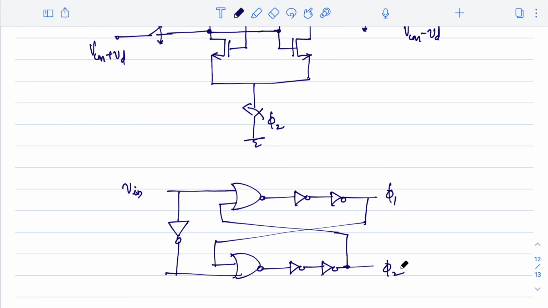Now why these additional inverters are here: say for example you want an advanced clock of phi 1, you can take it from here.